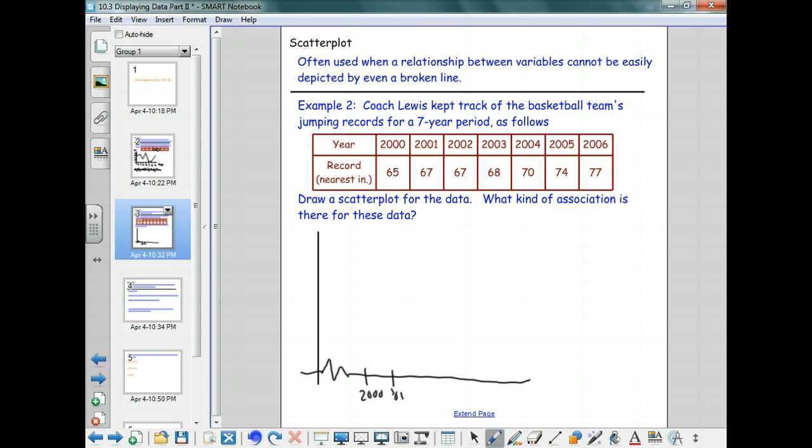So this is 01, 02, 03, 04, 05, and 06. Your line will be undoubtedly straighter than mine, though. It's really not good.